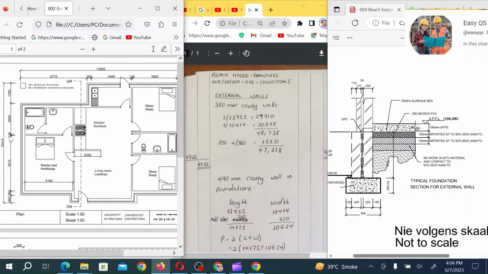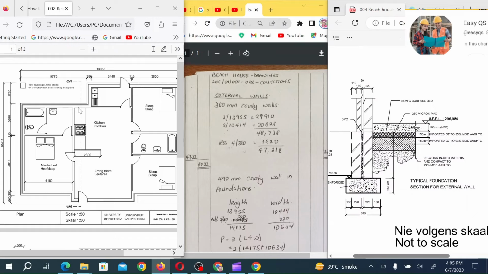So how do we calculate the center line for the cavity wall going all around? Remember, I did a video that showed how we calculate center lines for cavity walls. If you haven't checked it out, kindly check it in our videos. But briefly, we usually take the perimeter of this house.